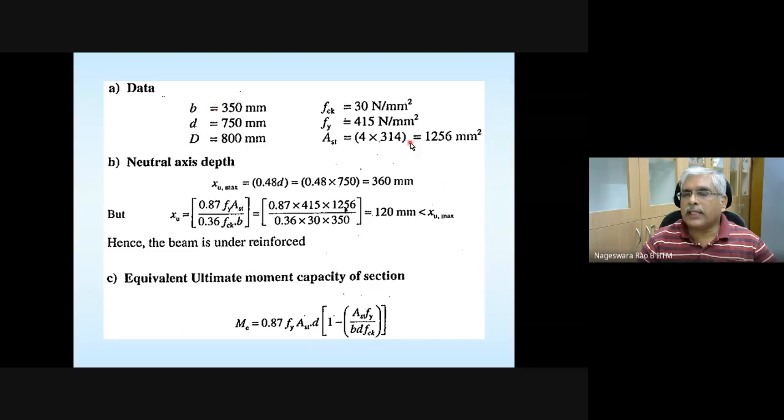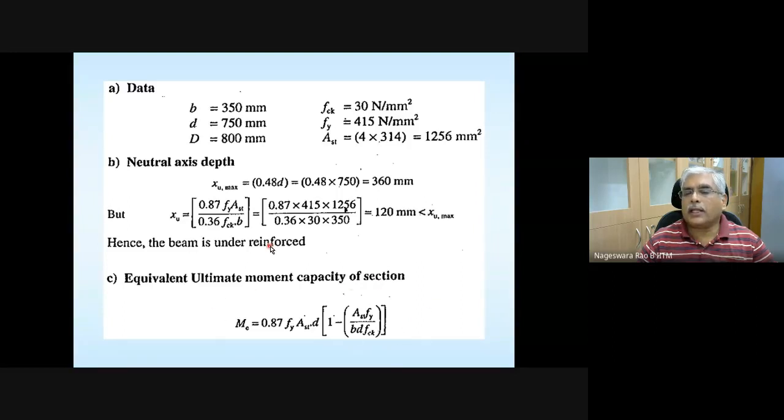For the given section, you find what is the neutral axis depth, making use of the relations that are given in Annexure G of IS 456. And then you compare actual neutral axis depth with limiting neutral axis depth. Then you know whether the section is under reinforced or over reinforced. And why is this information required? I need to pick appropriate relation for calculating the moment of resistance of the section.